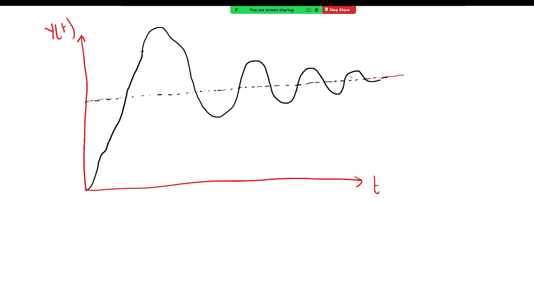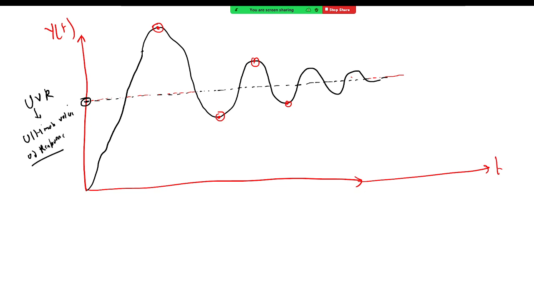It reaches the maxima here, again comes back, reaches here, and goes again. So ultimately, after a huge time, after t equals infinity, this response will settle to a particular value, and this value is called the ultimate value of response, UVR. This point is called the ultimate value of response.